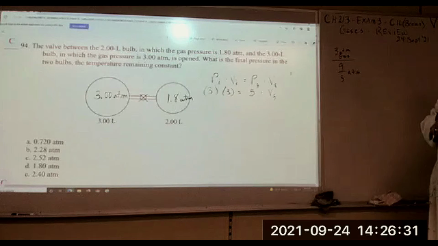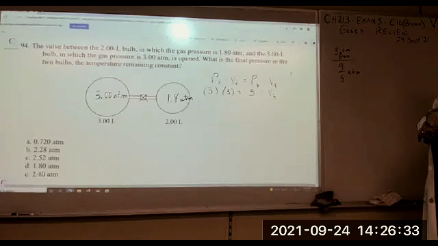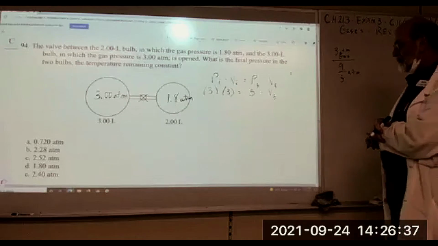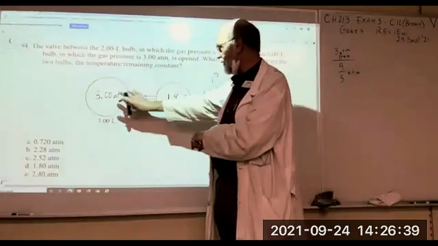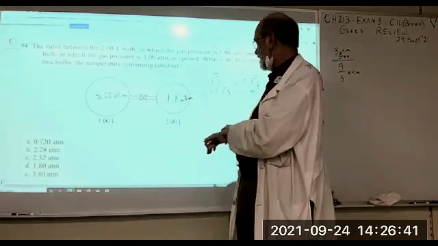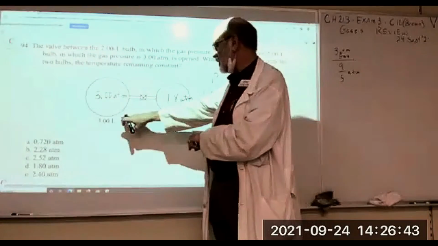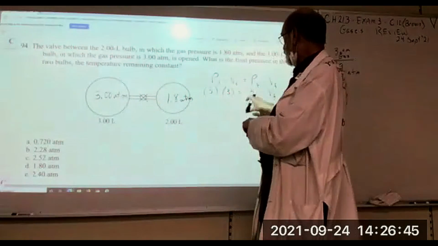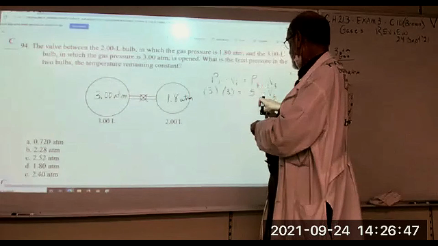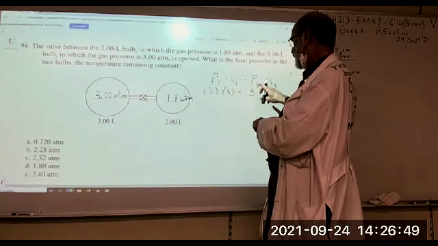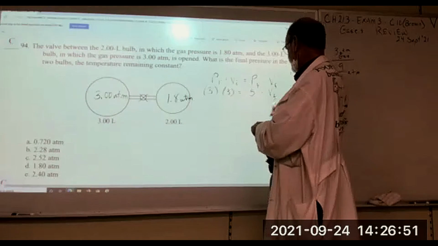Okay? Did I do that right? The initial pressure is over here. We haven't opened the valve yet. The initial volume is 3. The final pressure, the final volume.